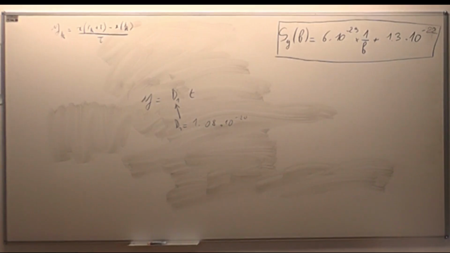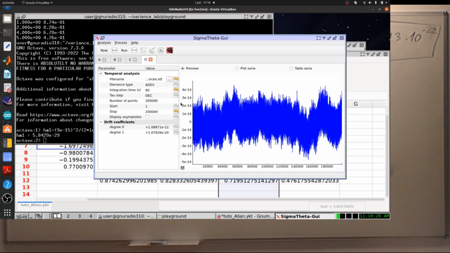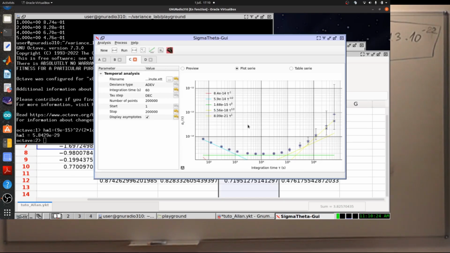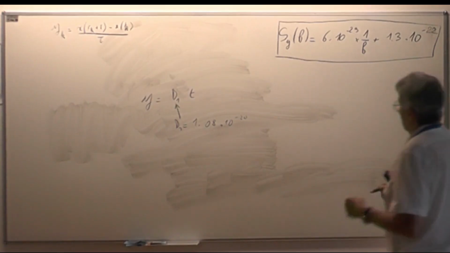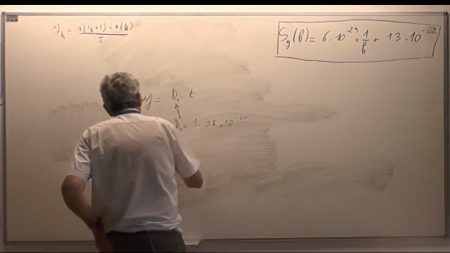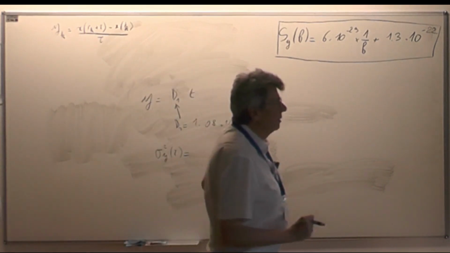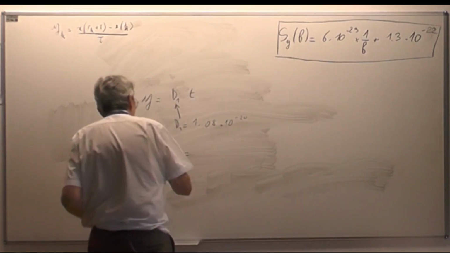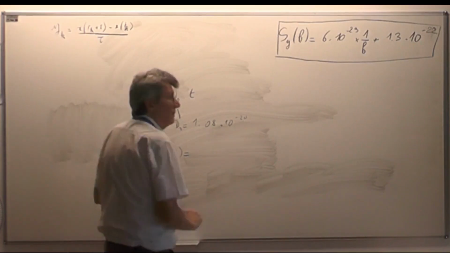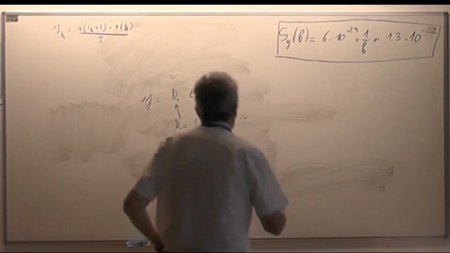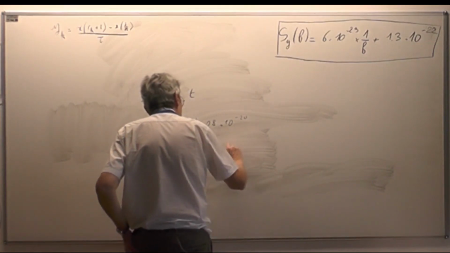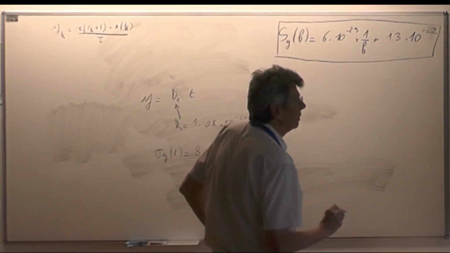What we can observe directly, if we go back to the previous panel, is that the previous panel told us that we have here an asymptote which is given by this value, sigma, so not sigma square, which is 8.1 10 to the minus 21.